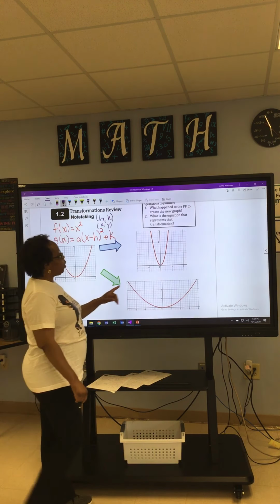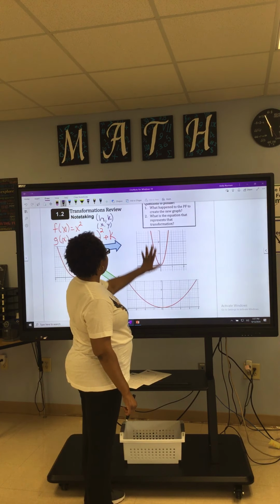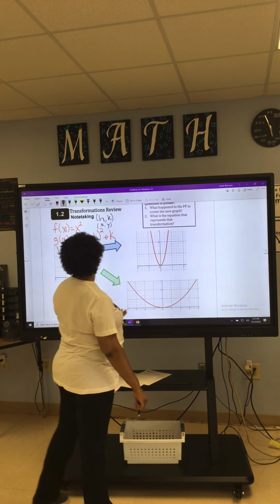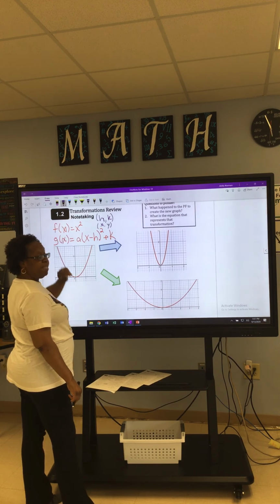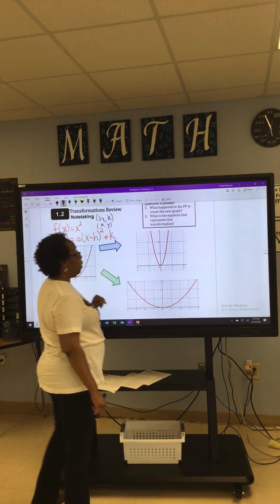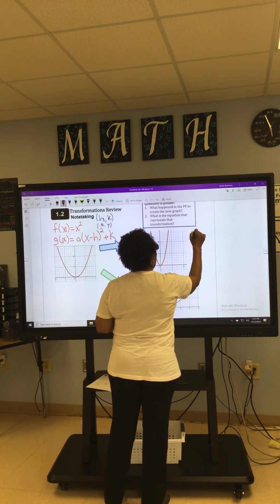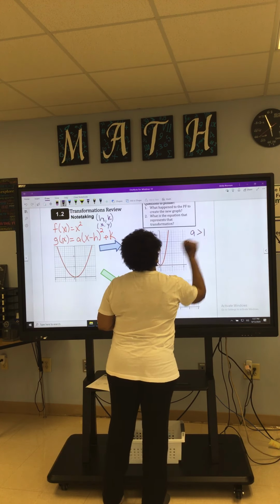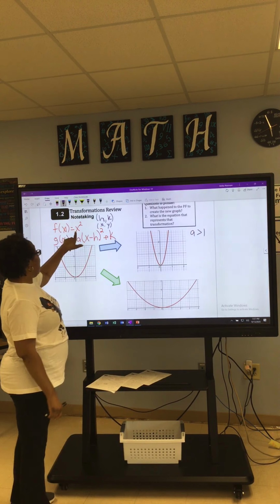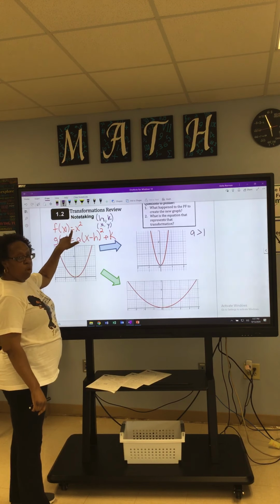So let's take a look at the difference here. We have a stretch here, so it's moving up. This tells me that a, the number in front, is getting larger, okay? In this case, we know that a is greater than 1. Notice my a in front of the x squared on the parent function is 1.